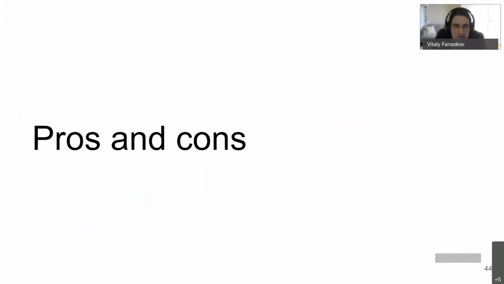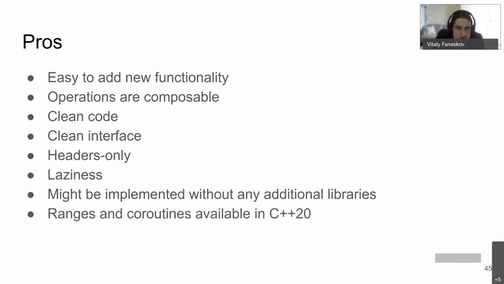So now let's talk a bit about the pros and cons of the current implementation. The first bullet is that it's easy to add new functionality now. It's definitely a pro. So even with this long release cycle of Qt, it's now possible to extend this functionality if you want, just add one more chunk and that's it, without touching the interface at all.